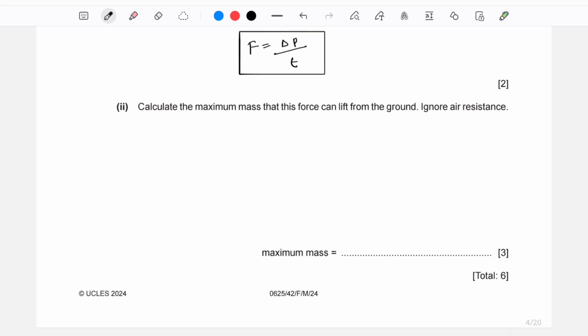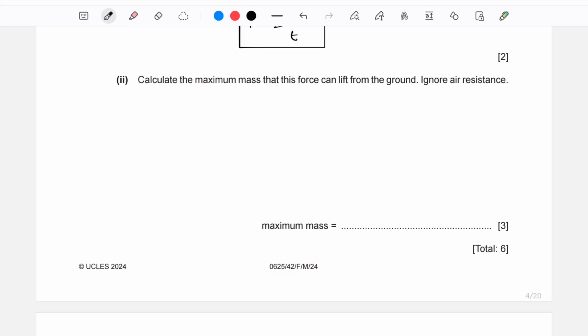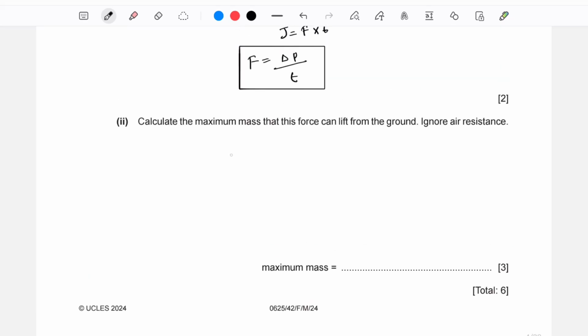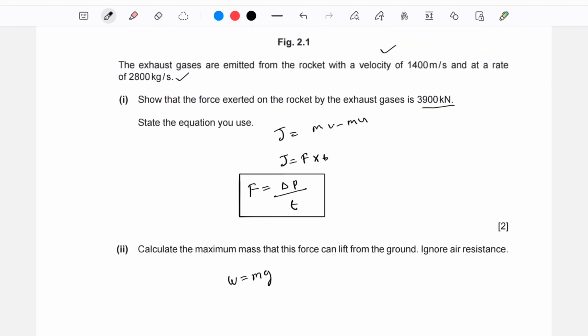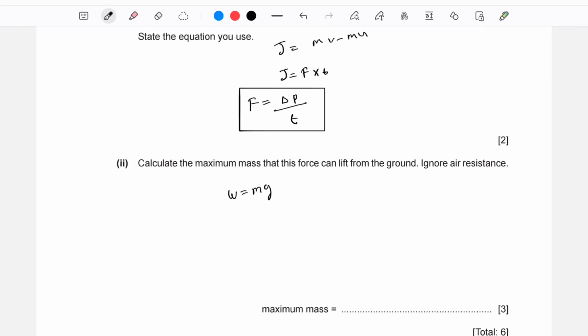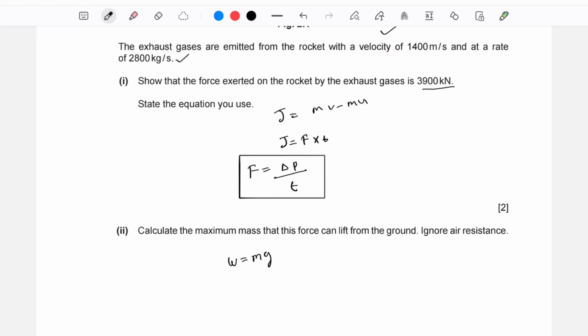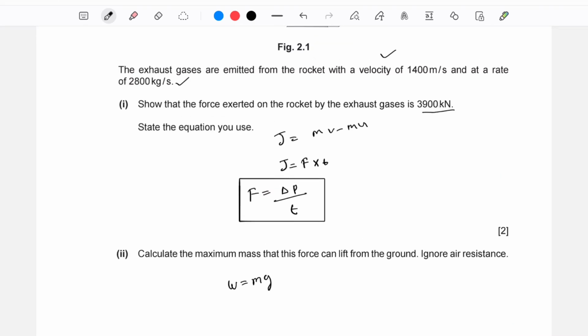Calculate the maximum mass this force can lift from the ground. Ignore the air resistance. Okay, we are asked to work out the maximum mass. So for that we can use this equation. We know the force. We can calculate the force using change in momentum. And I basically missed this part.